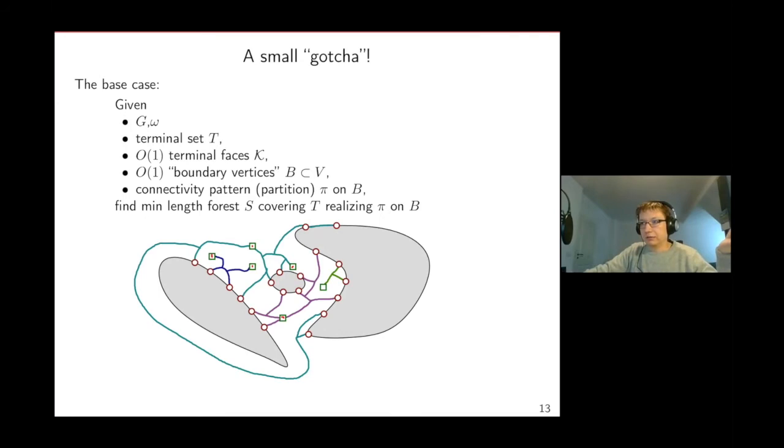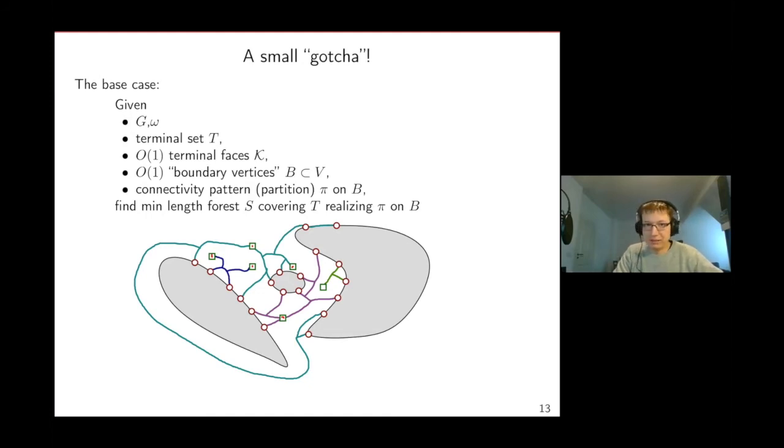And so the natural thing that you would say is, why not just use the basic XP algorithm that we had for the n to the order k algorithm, right? Because now the number of faces is constant.